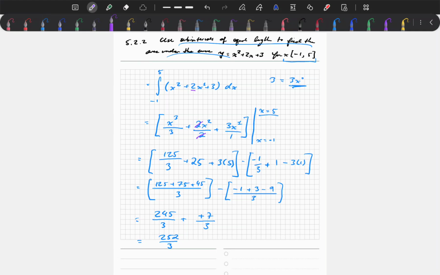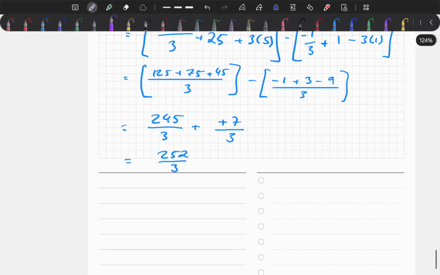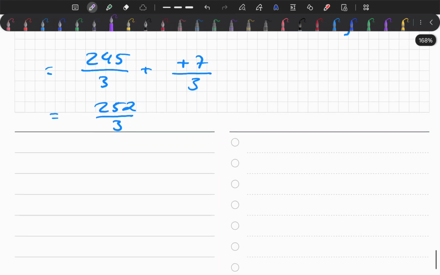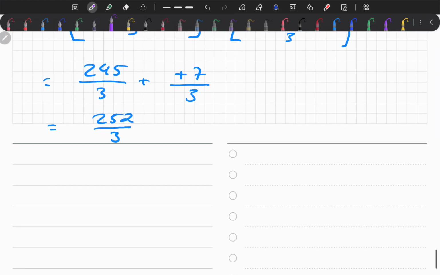However, we're not done yet, as I wouldn't know this off the top of my head. I know that 252 is a multiple of 3. Without a calculator, well, with a calculator you can get the number for this. But to check if a big number is divisible by 3, one trick you may or may not know is you take the sum of the digits in the big number. 2 plus 5 plus 2 is 9, and you check if the sum of the digits is divisible by 3.